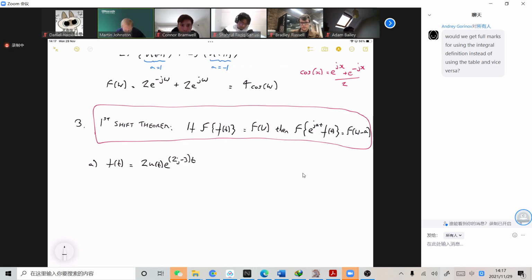So let's just expand that and write it so that we've got the 2 exponentials. So we've got 2 u of t, we've got e to the 2jt and e to the minus 3t. Okay, so we'll expand that exponential. So we've got two exponentials. And then let's just write it in the form that we recognize it as. So I'm just going to swap the two exponentials around.